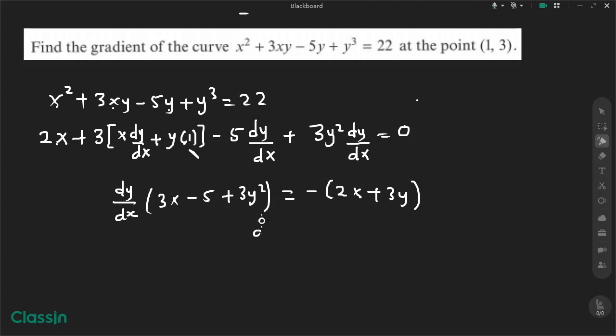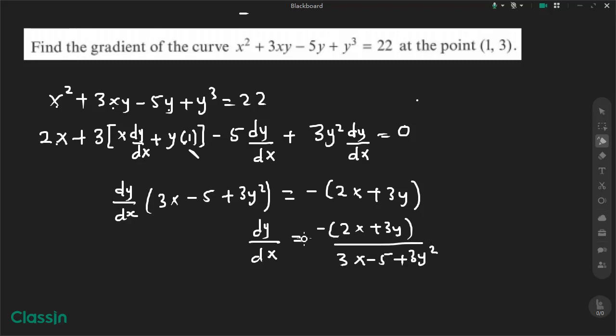So clearly, the gradient of the function, dy/dx, equals the negative of 2x plus 3y divided by 3x minus 5 plus 3y squared. This is the gradient of the tangent to the curve at any point.